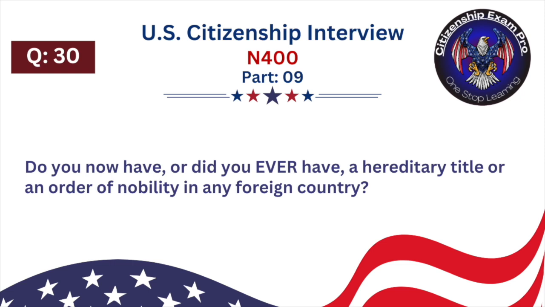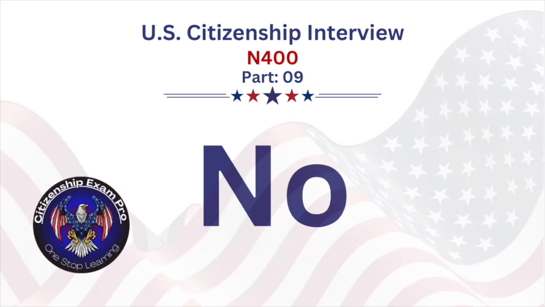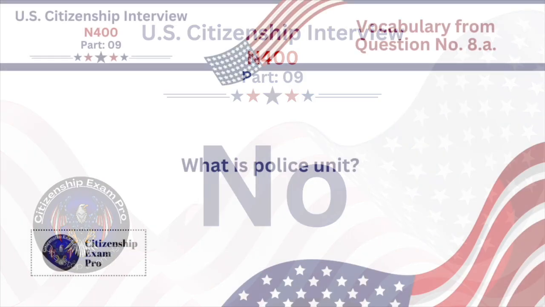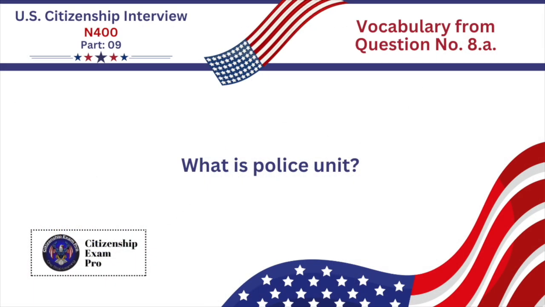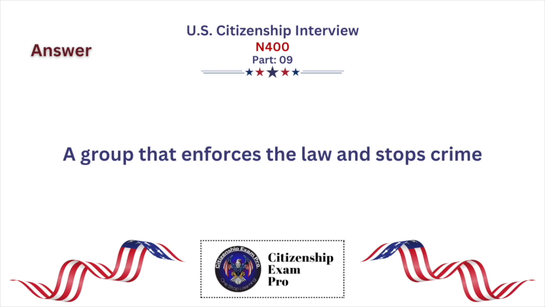Do you now have, or did you ever have a hereditary title or an order of nobility in any foreign country? No. What is police unit? A group that enforces the law and stops crime.